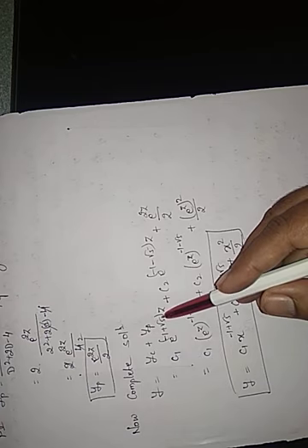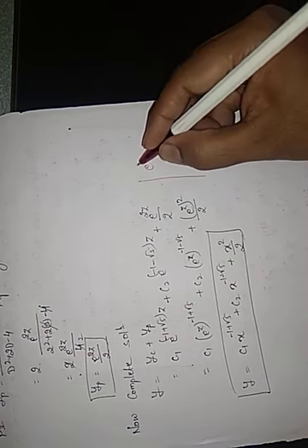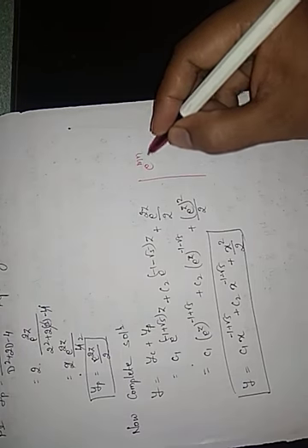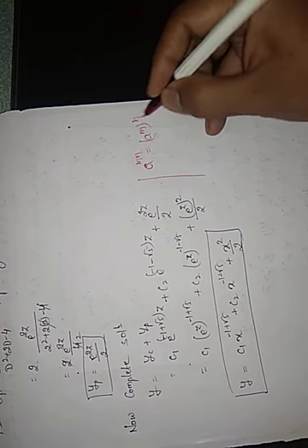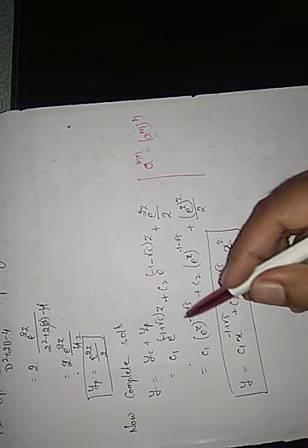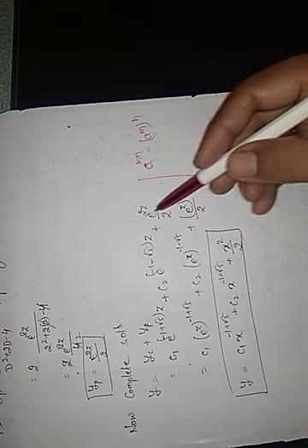Again substituting back for z, therefore c1, this I can split using the laws of indices. a to the power mn I can write as a to the power m, to the power n, or reverse also. Therefore e to the power z, to the power minus 1 minus root 5. Here also the same thing, e to the power z the whole square.